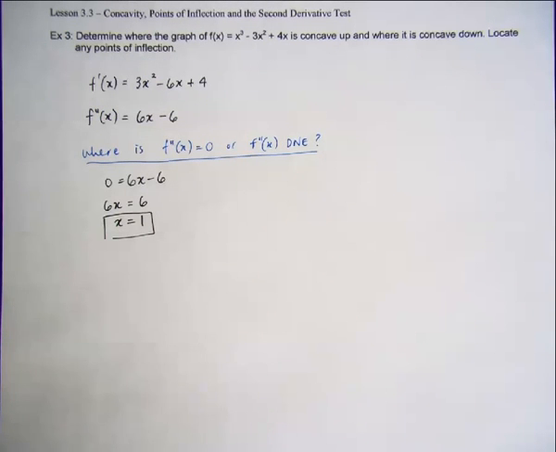Now we should create a number line or an interval table to determine whether the concavity changes from positive to negative, and that will help us figure out if we have a point of inflection.